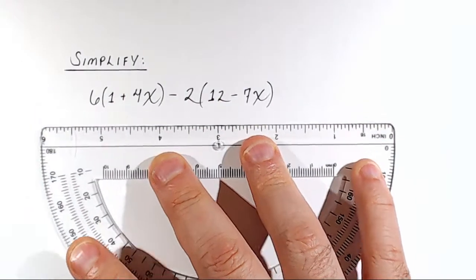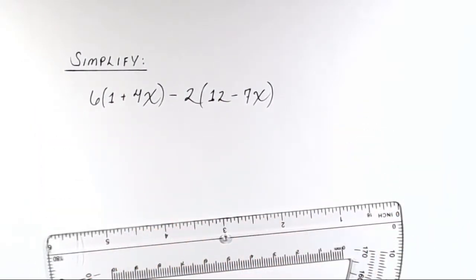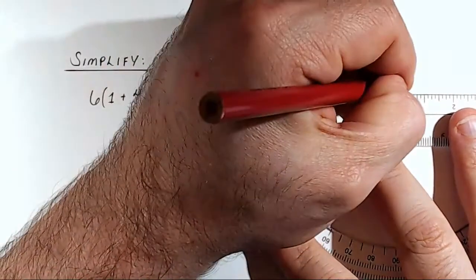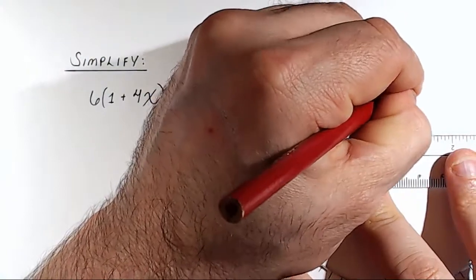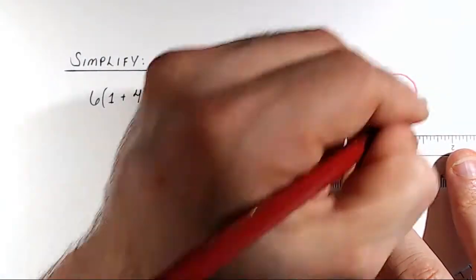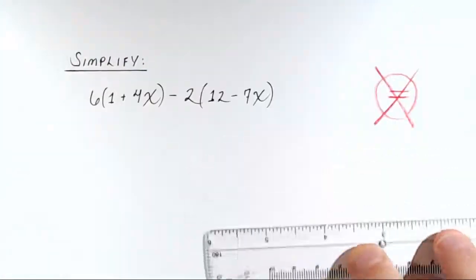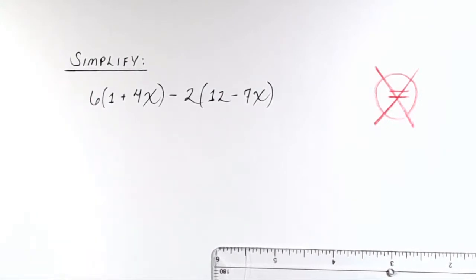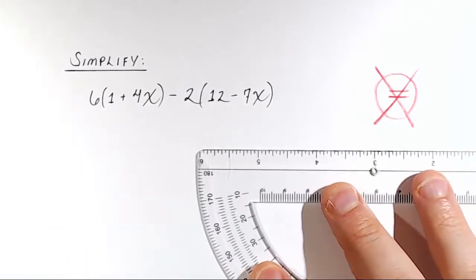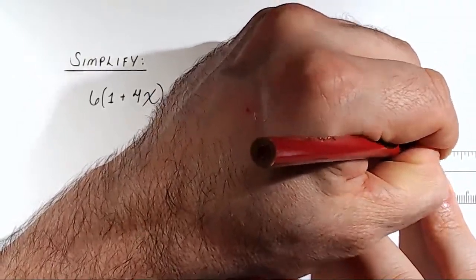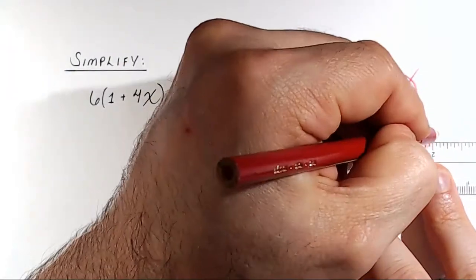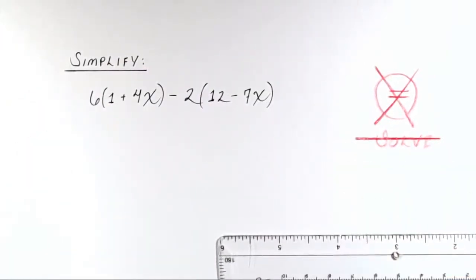Okay? So, notice something right off the bat. There is no equal sign. Do you notice that there is no equal sign anywhere? We are not solving. So this is not something where we're going to find out what x equals. Okay, we're not solving. What, in fact, are we doing?